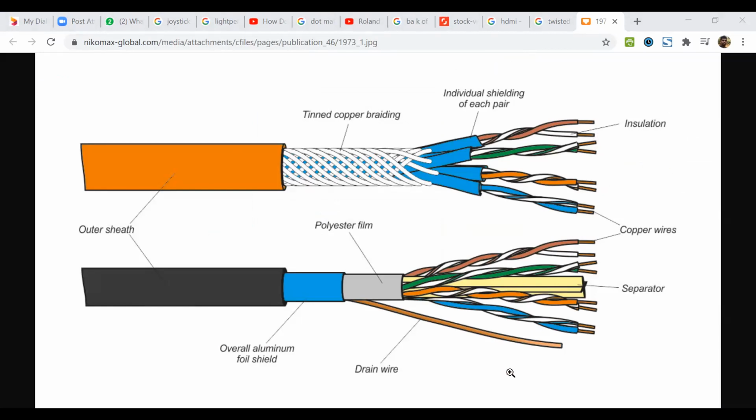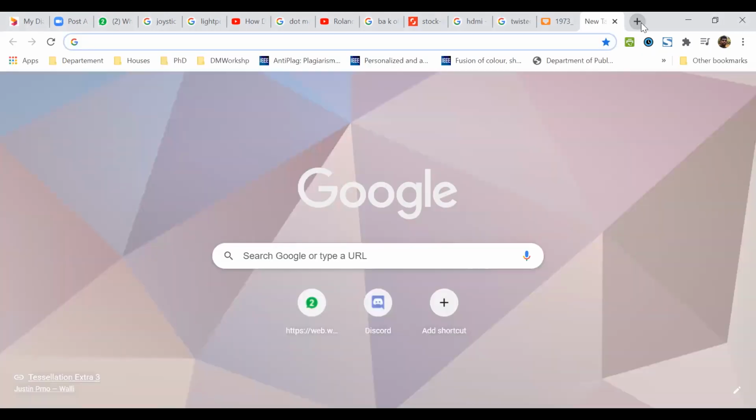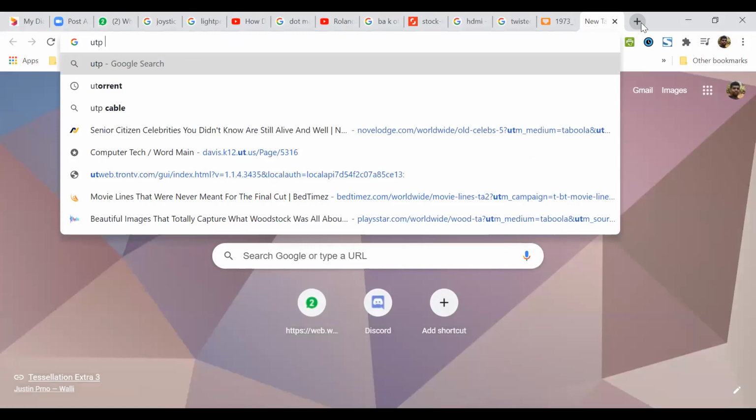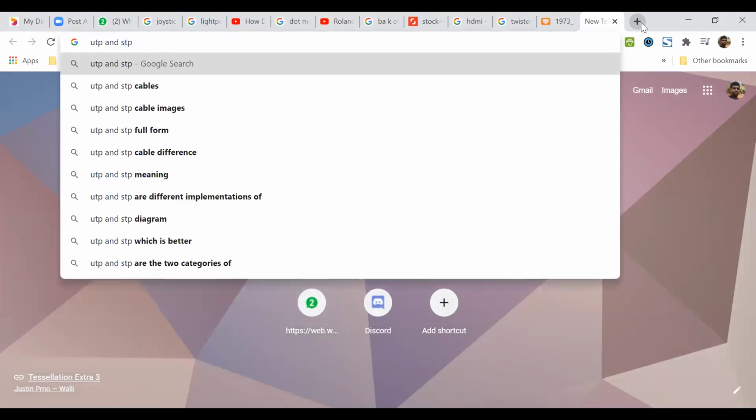And in twisted pair also you have two types: unshielded twisted pair and shielded twisted pair. We call them UTP and STP.